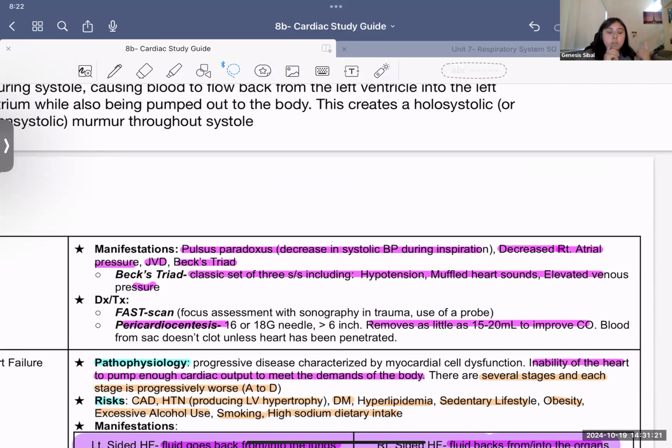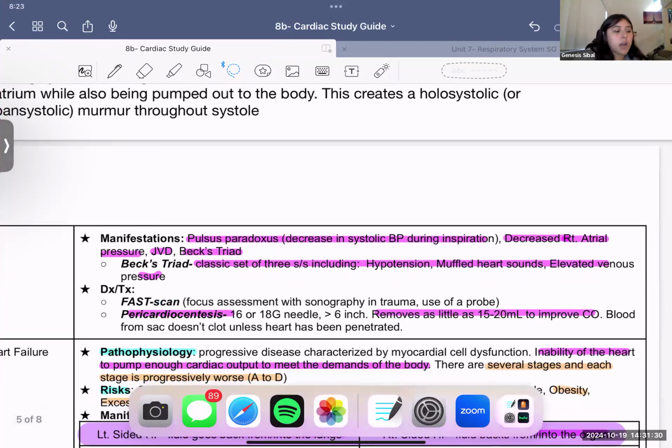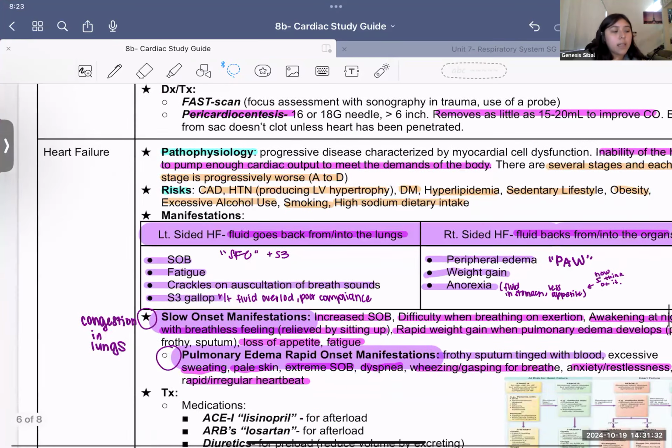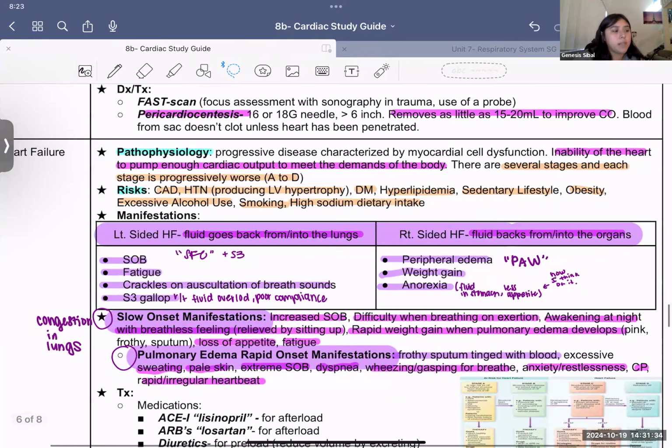So you're going to see increased venous pressure, but at the same time, you actually have decreased cardiac output and venous return. But it's going to try to be increased and elevated as a result. So it's kind of like compensating from that.